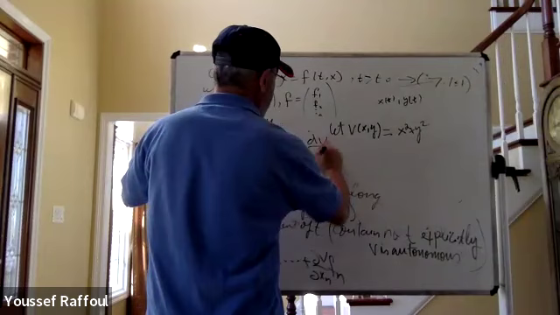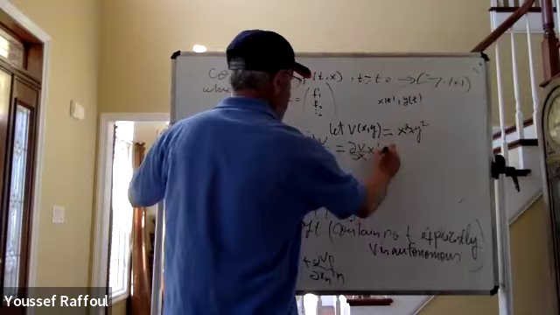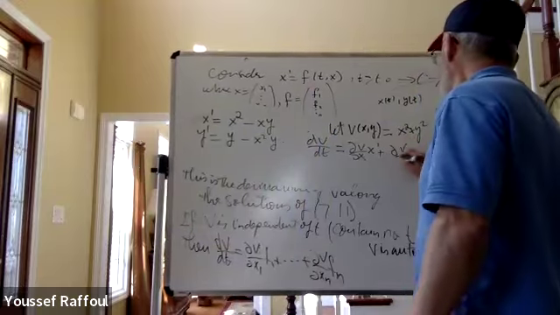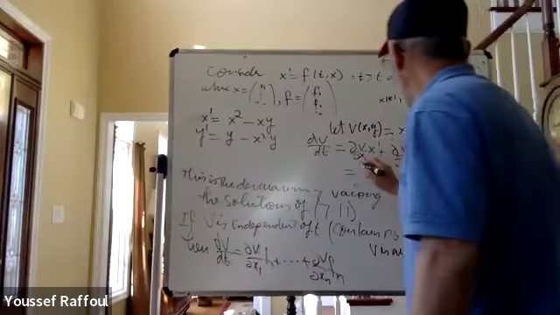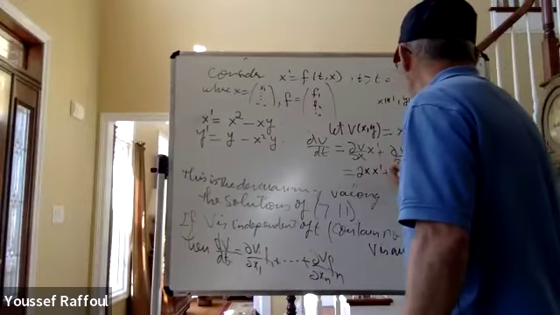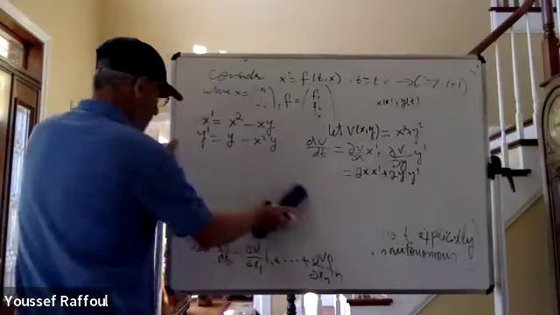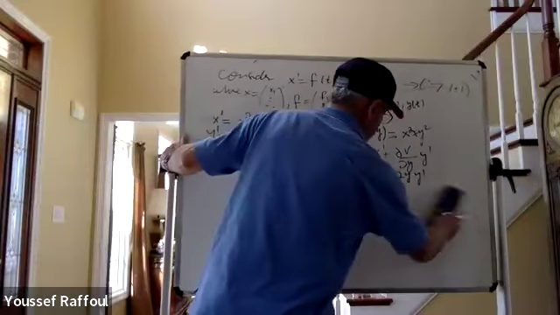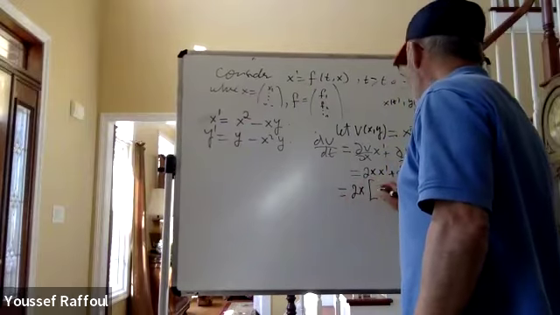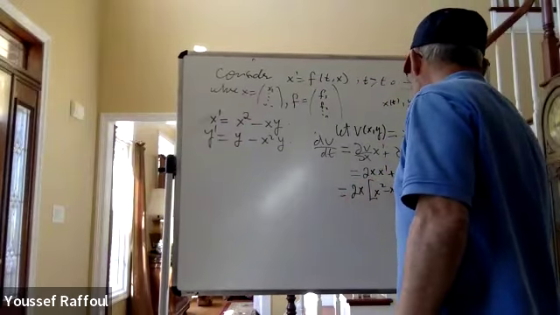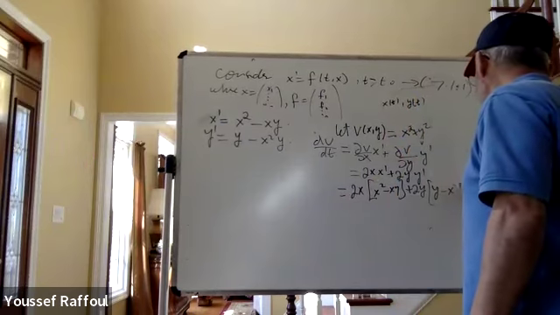Then dV over dt is del V over del x times x prime plus del V over del y times y prime, or you do it from here right away. Or this is 2x x prime plus 2y y prime. And that is 2x times x squared minus xy plus 2y times y minus x squared y.